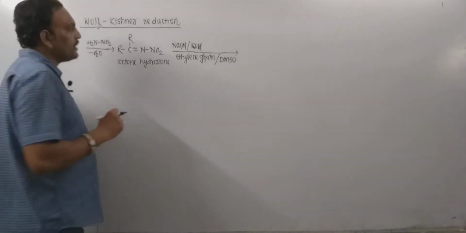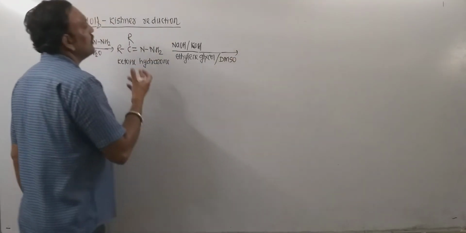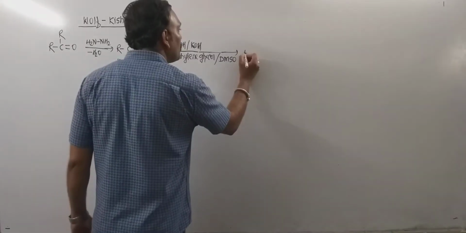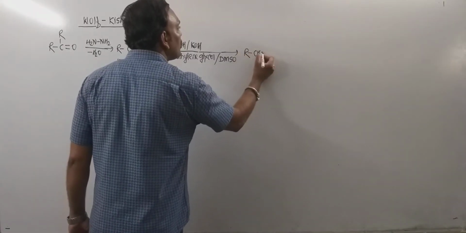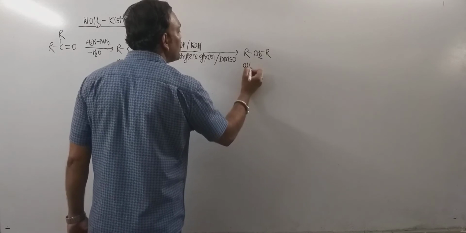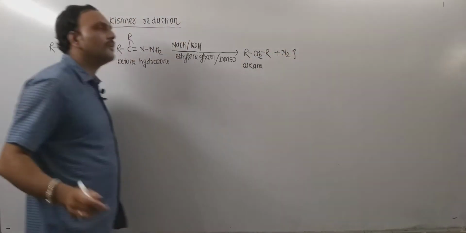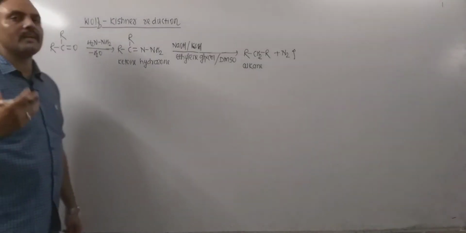So by doing this, there is evolution of N2 gas leading to the formation of a hydrocarbon, that is an alkane. Now this is the Wolff-Kishner reduction.